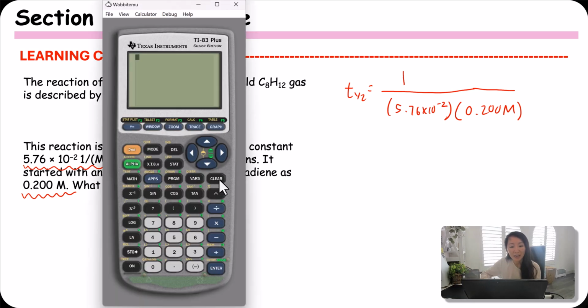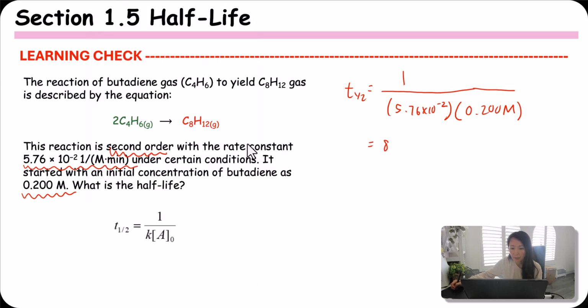I don't like working with decimals, but I'll just go ahead and do it anyways. 1 over, in parentheses, 5.76 times 10 to the negative 2, and then I'll plug in 0.200 and close the parentheses 2 times. And I would get 86.8, and this would be minutes, since we're talking about minutes here.